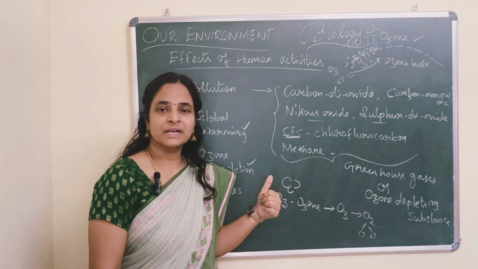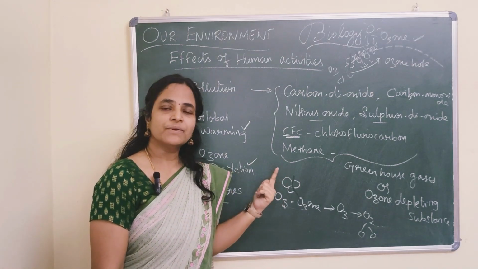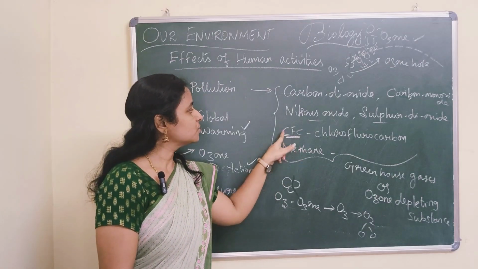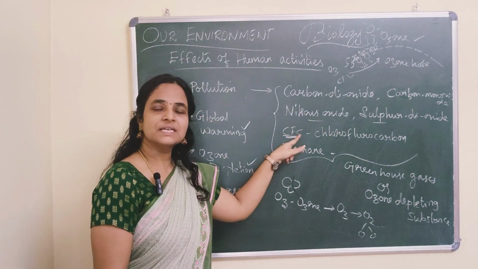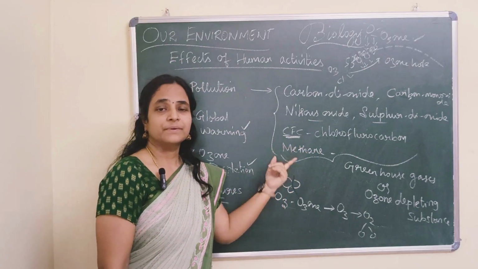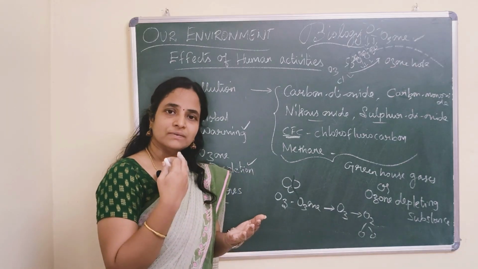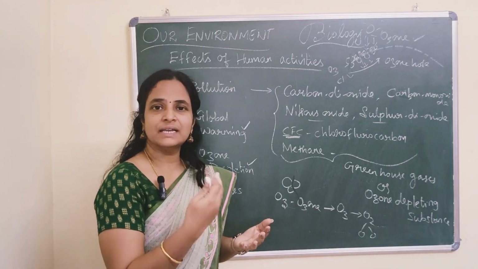One is the Montreal Protocol, the other is the Helsinki Protocol. The Montreal Protocol is that instead of CFC, some other alternative can be used in fire extinguishers, because fire extinguishers are life-saving, and they use CFC, which is highly poisonous.